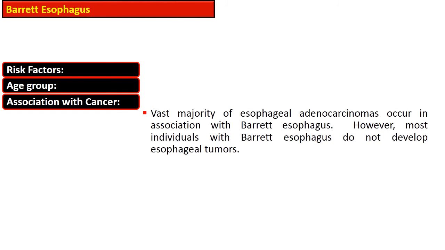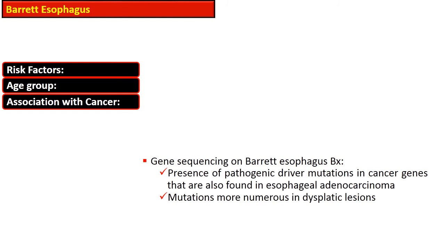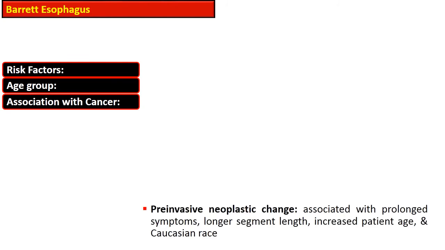The vast majority of the esophageal adenocarcinoma occur in association with Barrett's esophagus, but not all Barrett's esophagus develop esophageal tumor. When gene sequencing on the Barrett's esophagus was done, the presence of pathogenic driver mutations in the cancer genes were found, and mutations were more numerous in dysplastic lesions.